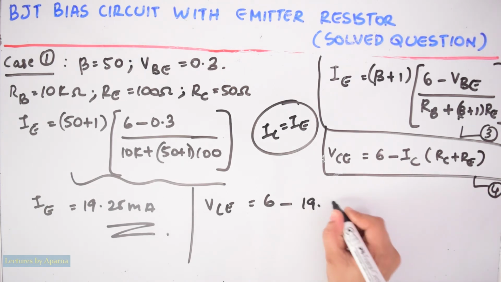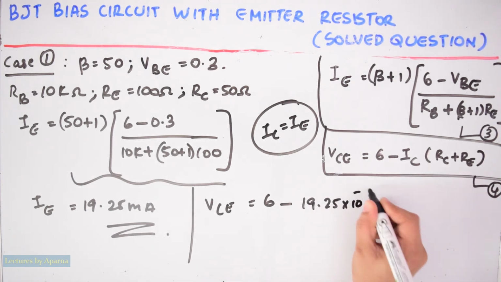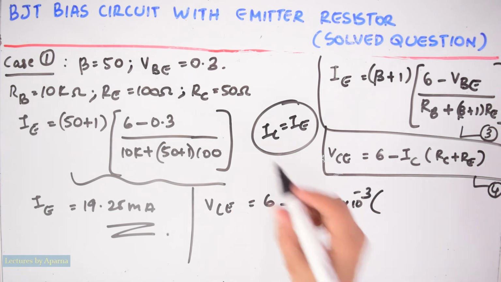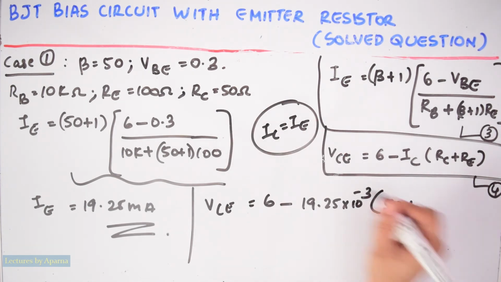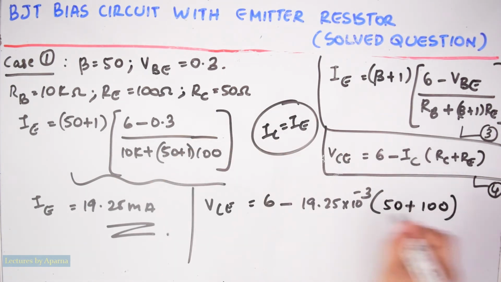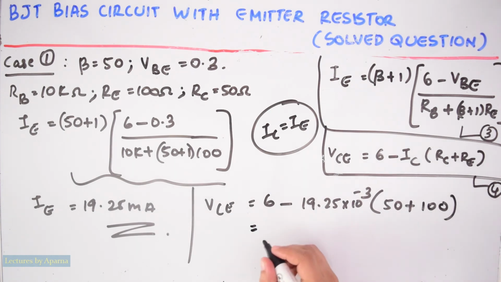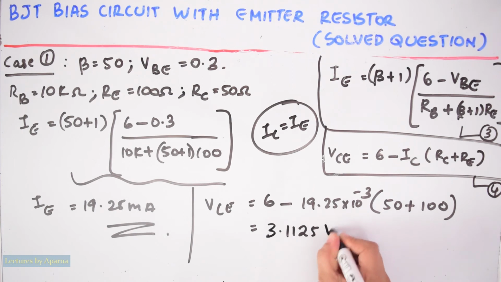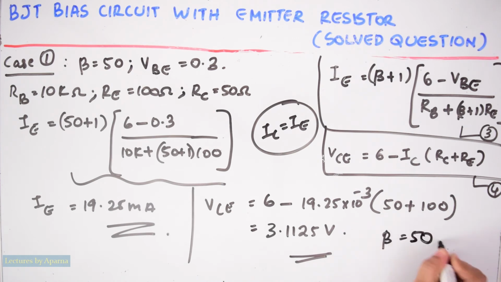So, 19.25 into 10 raised to minus 3 into RC is 50 plus RE is 100. So, we can find this value. You will get it as 3.1125 volt.